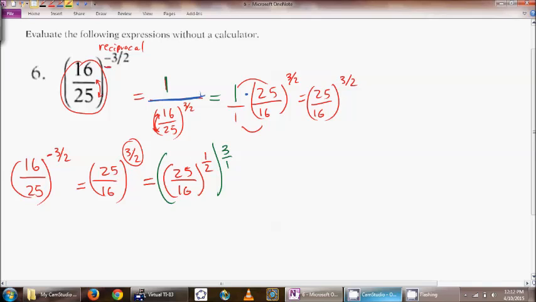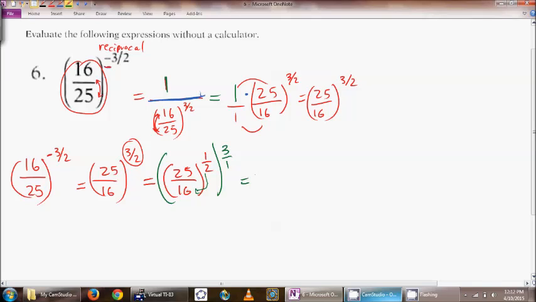And that's because that 3 over 2 is the product of 1/2 and 3 over 1. You can break up fractional powers into products. So instead of doing square root of a cube, we're going to do the square root first and then cube our result. Rather than cubing first and then square rooting, it'll make the math easier.